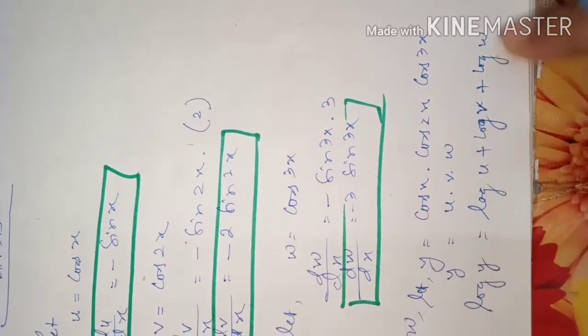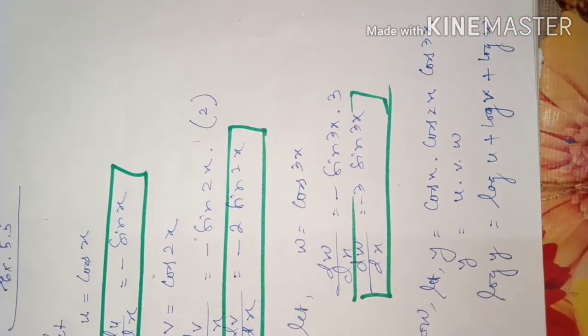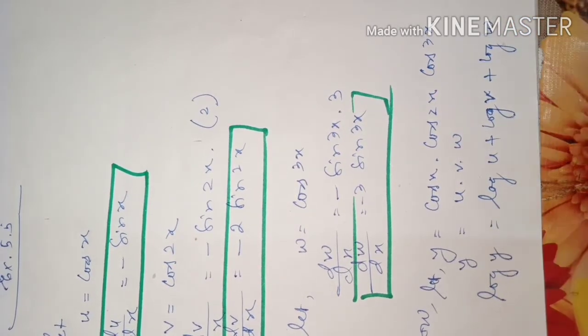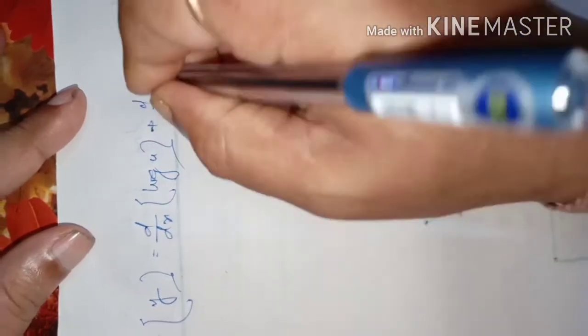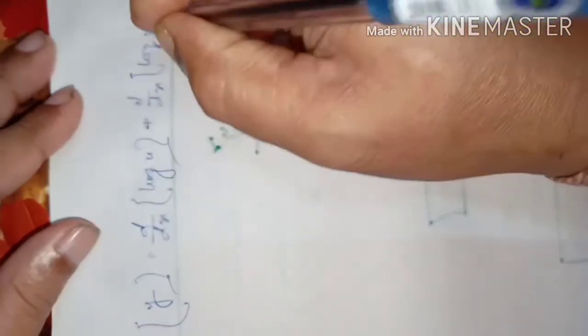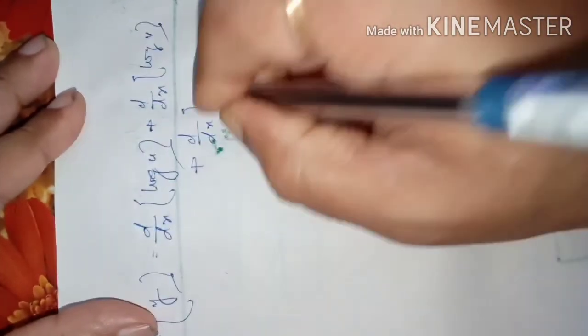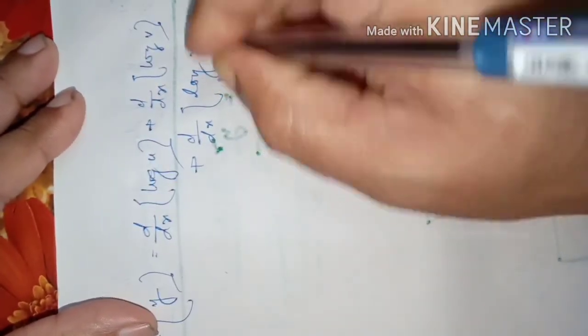So apply differentiation here, taking d/dx of log y is equal to d/dx of log u plus d/dx of log v plus d/dx of log w.